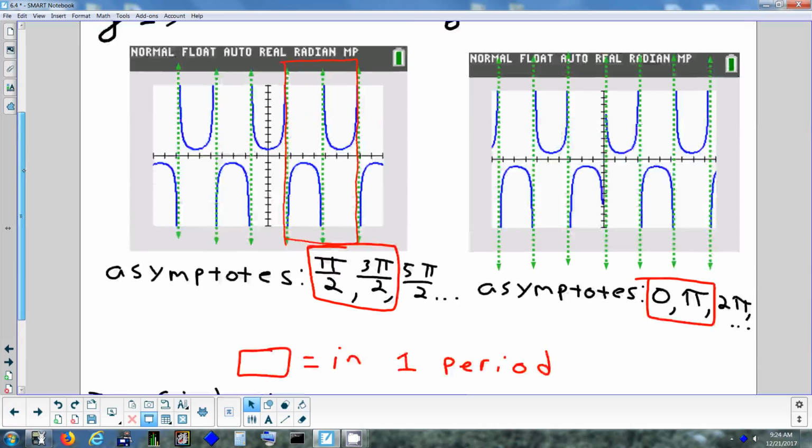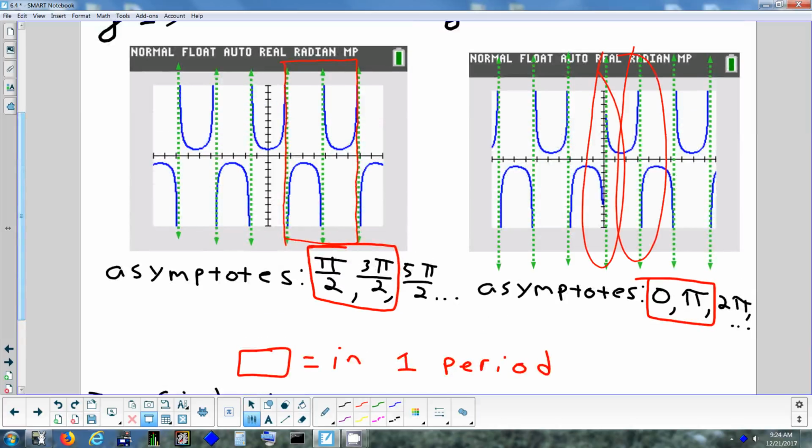So can anybody tell me, I already kind of said it earlier, but what does it look like the period is for secant and cosecant? And remember, this asymptote is not a repeat of that one. Those are different. I'll circle the ones that are repeats. The 2 that I circled are repeats. 2 pi. Yep.